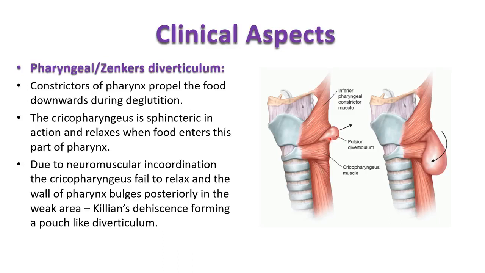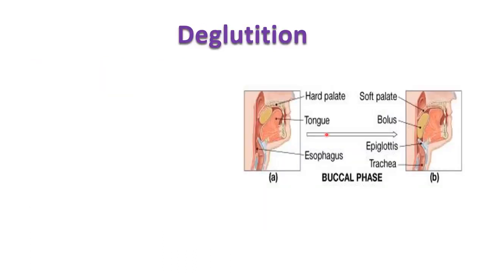Okay, so next, finally, we will have a very short account of deglutition. Deglutition takes place in three phases or three stages. The first phase is voluntary, also called the buccal phase. Food is placed on the dorsum of the tongue.